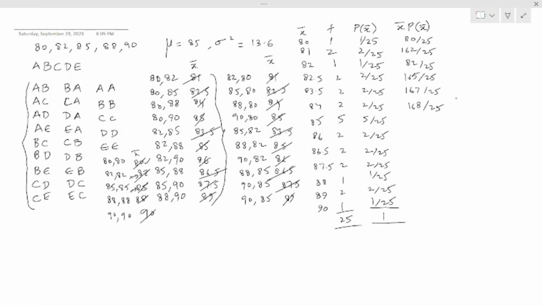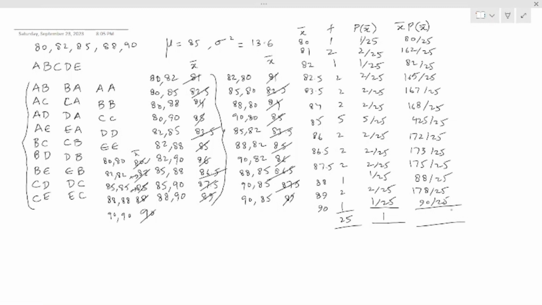85 times 5 is how much? 85 times 5 is 425, so 425 on 25, then 86 times 2 is 172, then 86.5 times 2 is 173 on 25, then this would be 175 on 25, then 88 on 25, then 89 times 2 is 178 on 25, and then 90 on 25.